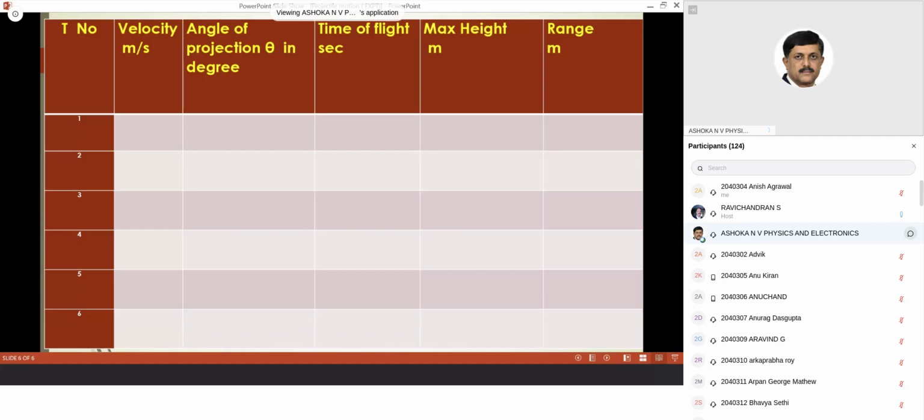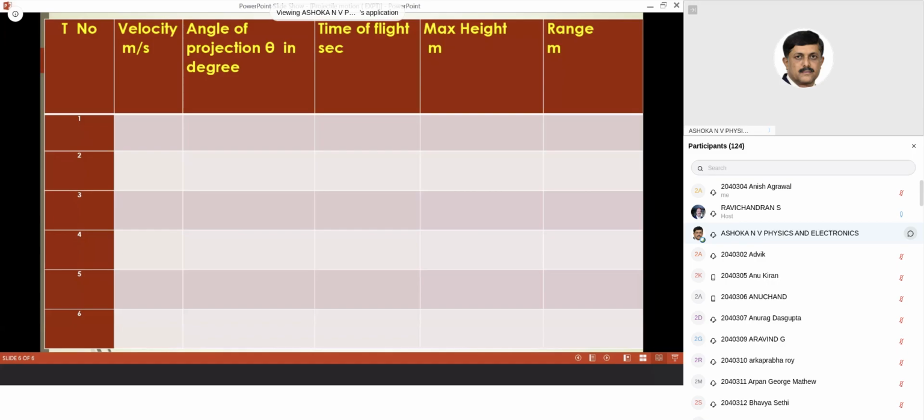Then the next three trials are with different angles, keeping the velocity constant. Keep the same velocity and go for different angles, maybe 30 degrees, 45 degrees and 60 degrees, so that you can verify that also. Check whether for 30 and 60 it will be the same or a different value.